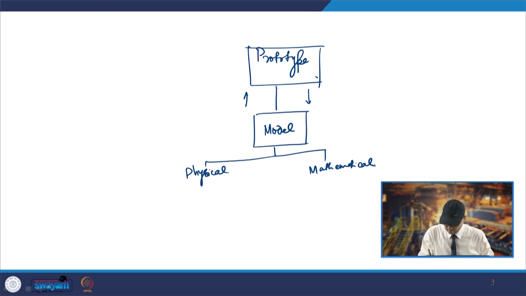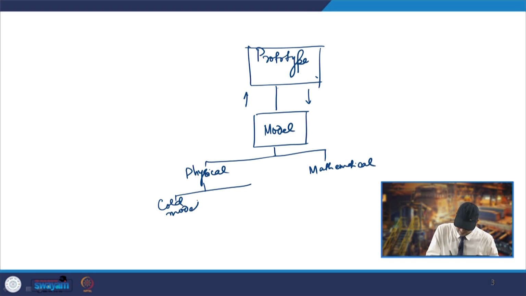We will be talking about the physical model in this lecture and this week, and we will talk about the mathematical modeling part further as we move forward in this course. Now, in physical modeling you can go for cold model studies, and otherwise you can also go for the high temperature model.